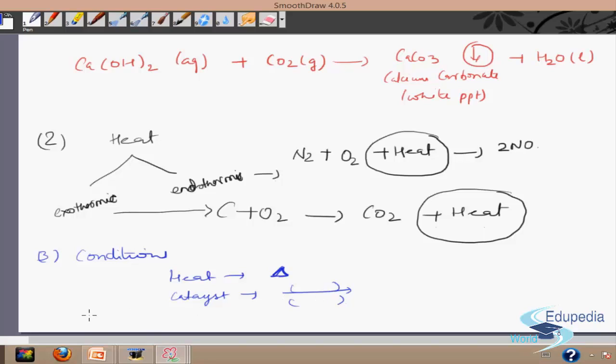For example, if I take potassium chlorate, that is 2KClO3, which is heated in the presence of heat with magnesium oxide, it gives 2KCl in the solid state, that is potassium chloride, plus oxygen gas.